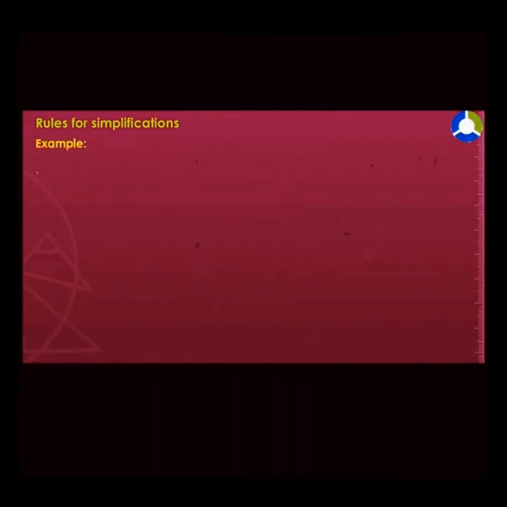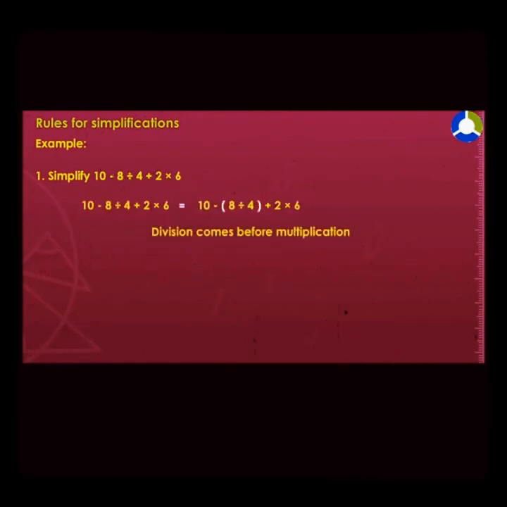Example 1. Simplify 10 minus 8 divided by 4 plus 2 multiplied by 6. Remember that division comes before multiplication. First divide 8 divided by 4, which is 2.